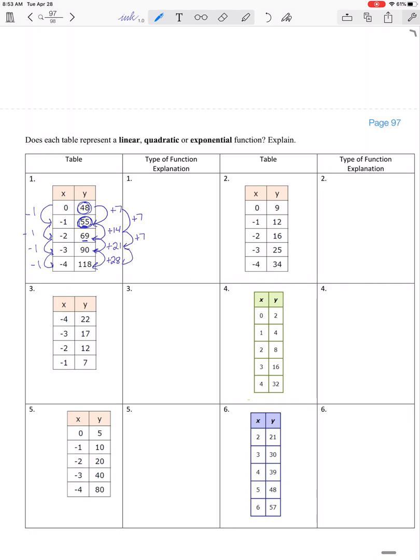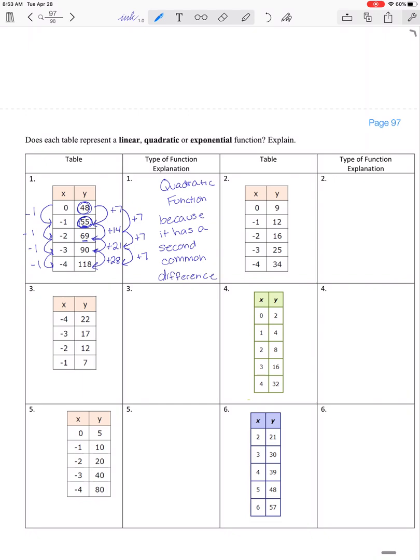How did I go from 21 to 28? I'm adding 7. So it would be quadratic because it has a second common difference.